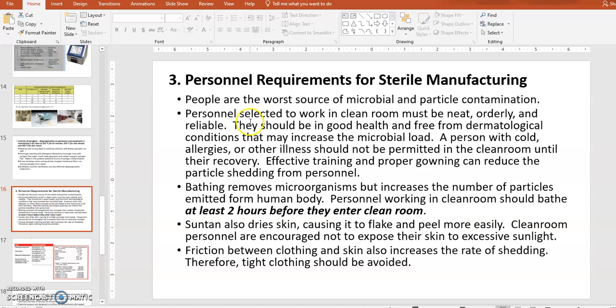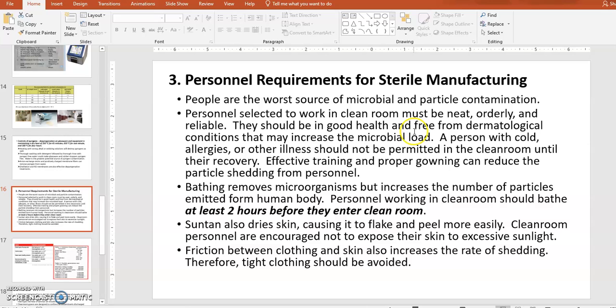Personnel requirements for sterile manufacturing. So people are the worst source of microbial contamination, as we said so many times. And the person who is selected to work in the clean room must be neat, orderly, and reliable. They should be in good health condition. No sinus allergy, no coughing, no sickness, right?